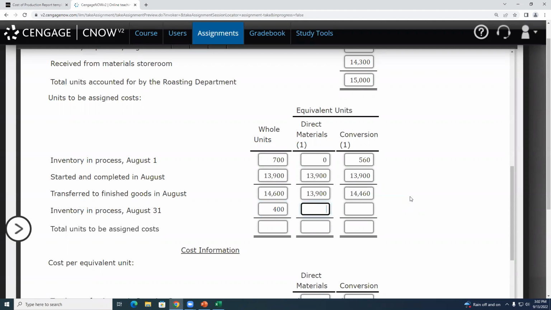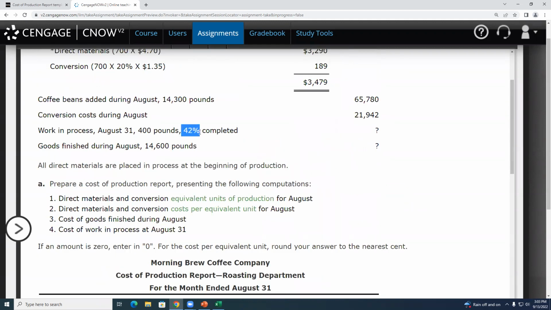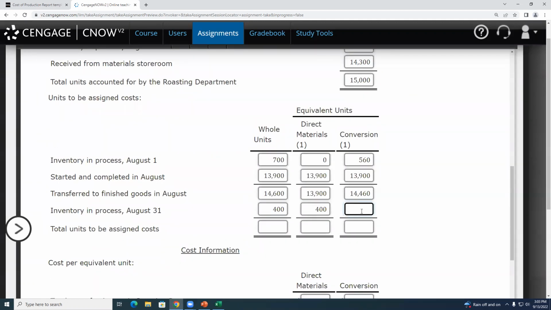Our assumption that we will use for every exercise and problem and homework problem and exam is that all the direct materials are added at the beginning of the process, but then the conversion costs are incurred uniformly throughout the process. And it tells us right here that they were 42% complete. That means that we had incurred 42%, 400 units times 42%, 168 units. And then simply add.